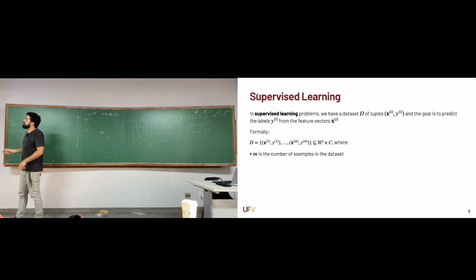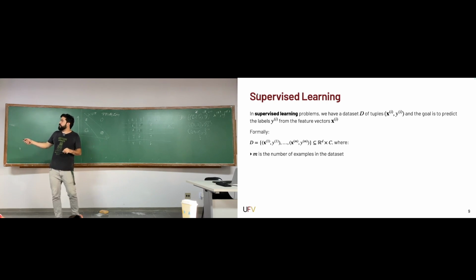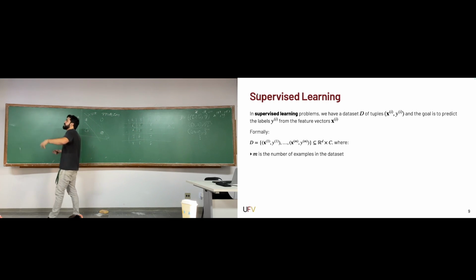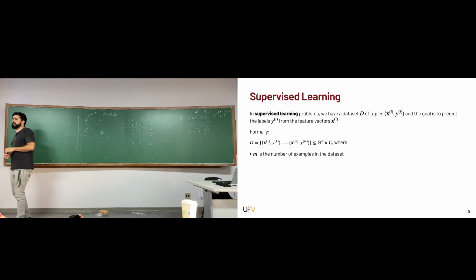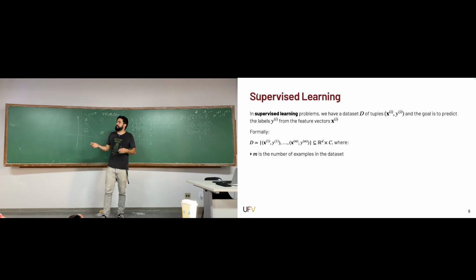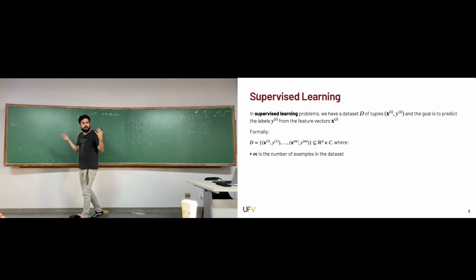And m here, and I'm going to try to be consistent with this variable, is the number of examples in the data set. So if you have 10 data points, m is going to be equal to 10. If I had 100 data points, m is going to be 100. So it's the size of the data set, okay? And when I say data points and examples, I also mean the same thing.